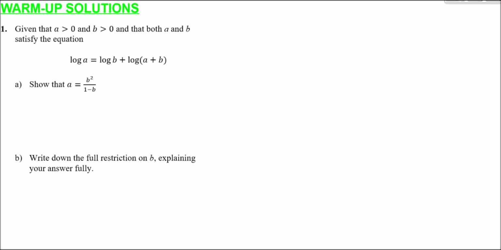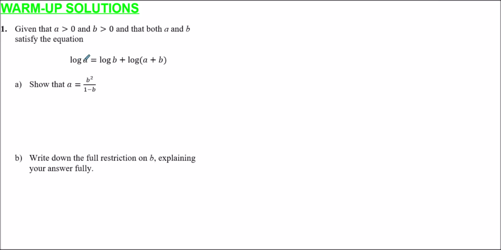So question 1, we're told that A is greater than 0 and B is greater than 0, and that both A and B satisfy this equation here, that log A equals log B plus log of A plus B. And for part A, we need to show that A equals B squared over 1 minus B. So this essentially is just harking back to the laws of logs.